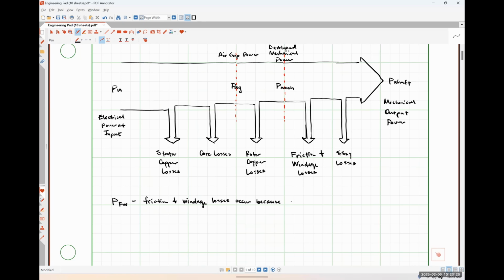They occur because of air friction of the rotating structure, and losses of contact with the slip rings on wound rotors.